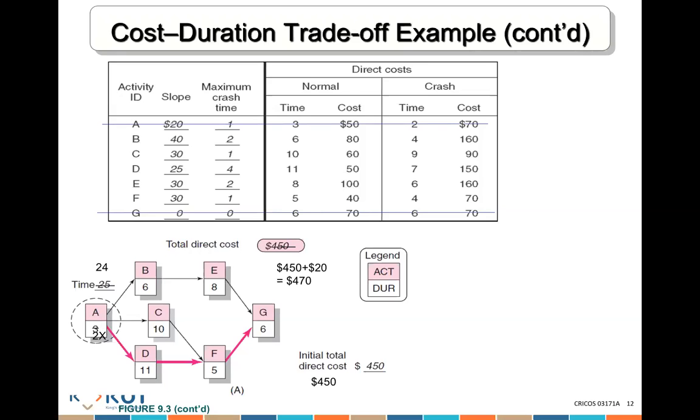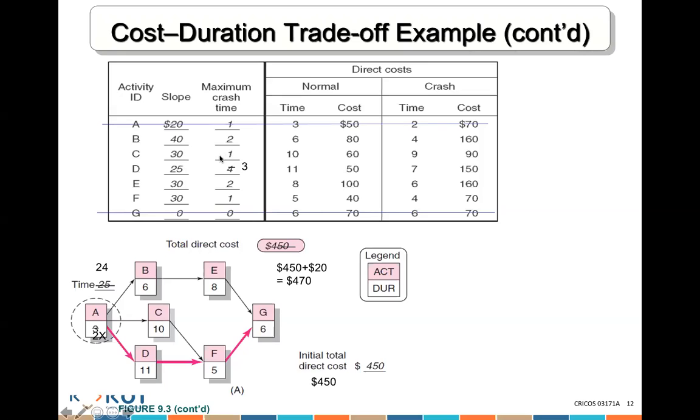Now, next activity, I either can crash D or an F. Which one is the cheaper, D or F? D, correct. So instead of 11, what do I put here? No, remember you can only crash it 1 period at a time. So you put 10.